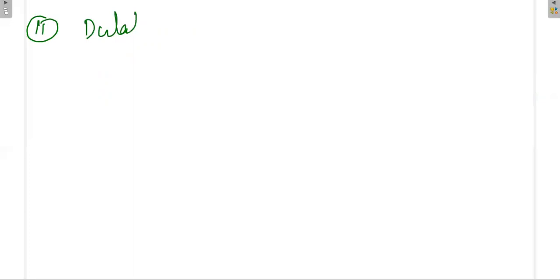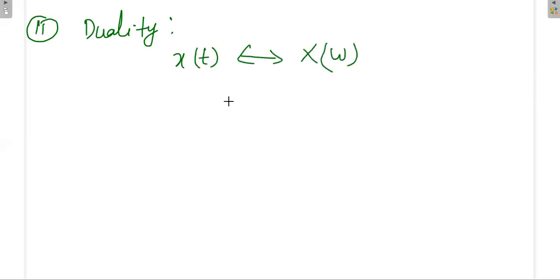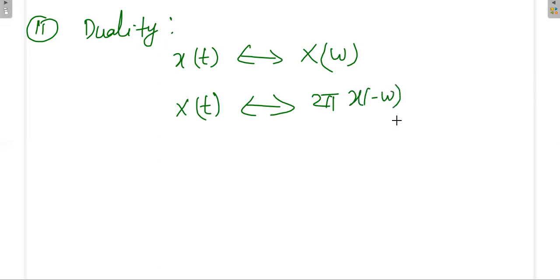Duality: if x of t has Fourier transform X of omega, then capital X of t has Fourier transform 2 pi small x of minus omega.